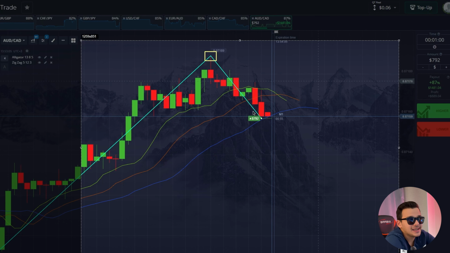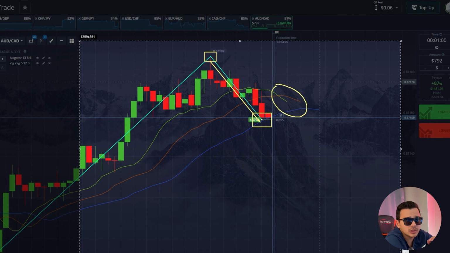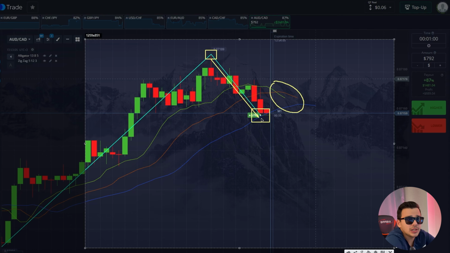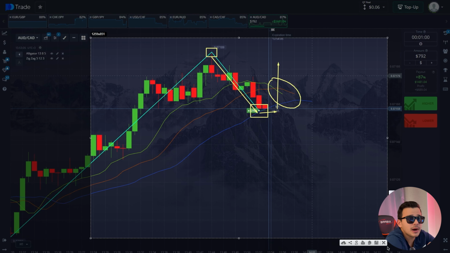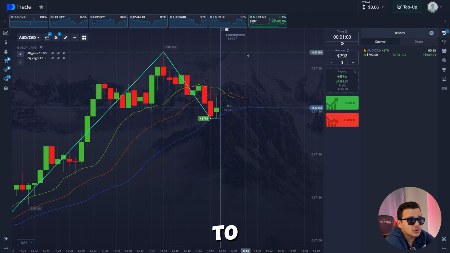Also, after the update of the local maximum, there was a pullback, and the local minimum was updated on the zigzag. With the moving alligator we don't have so much crossing. In general, it does not tell us about a change of the dynamics. So we open a deal to go up, in our case on the trend.